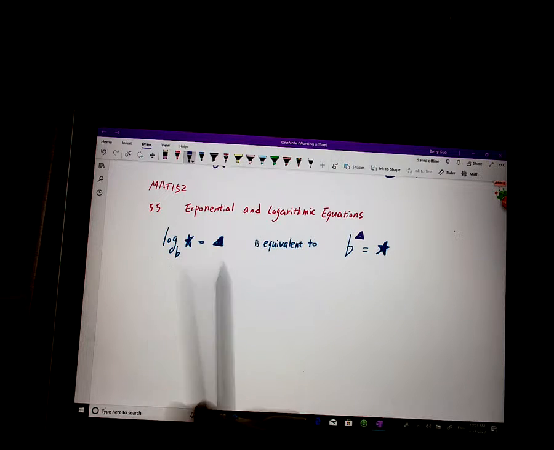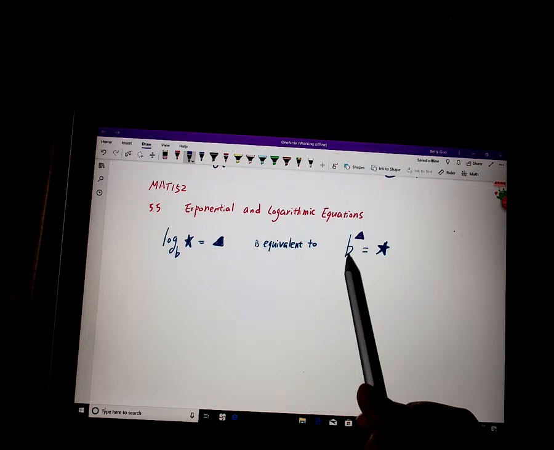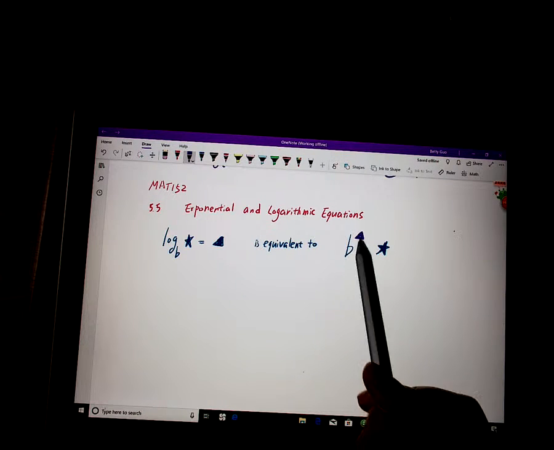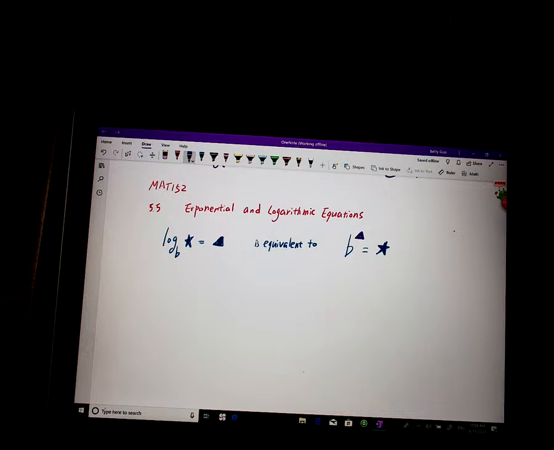We only have 3 parts. If you have used the base and the log on the left, then on the right-hand side, of course, you have the anti-logarithm. Okay, so this is a very important formula. Those 2 equations are the same equation in different forms. This is the equation in the logarithmic form. This is the equation in the exponential form.